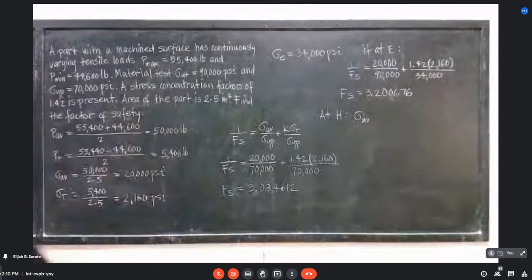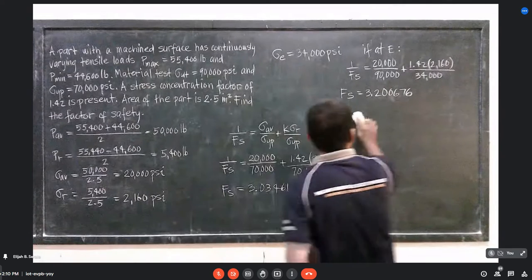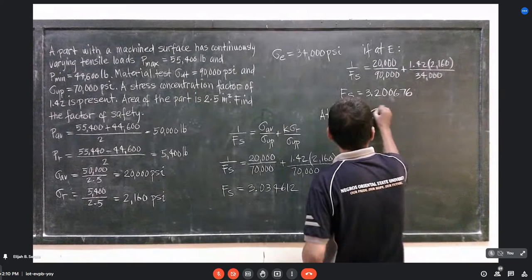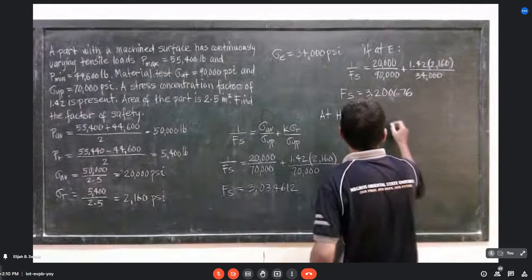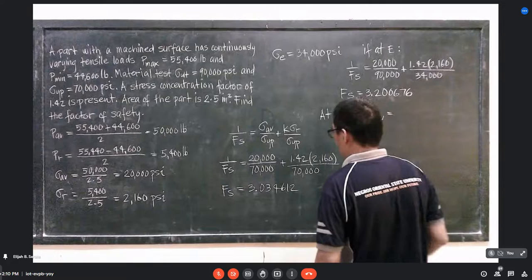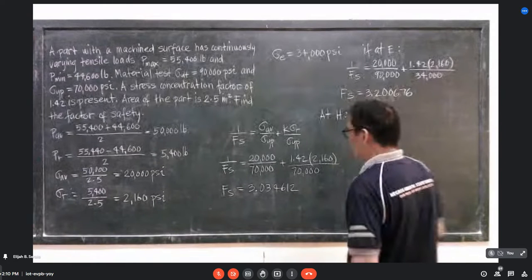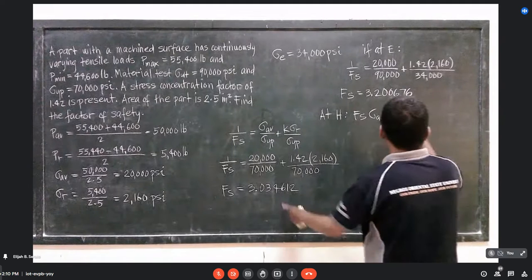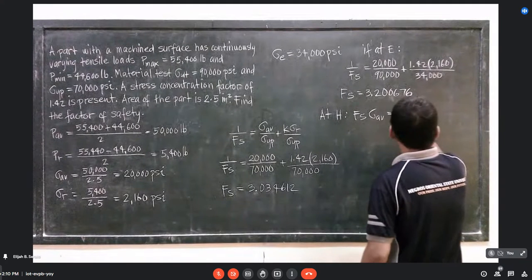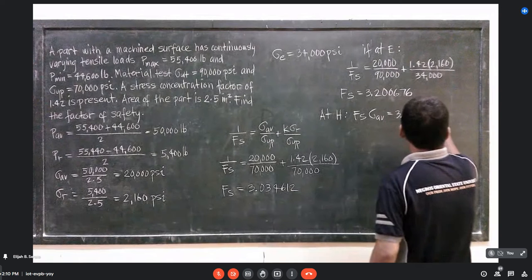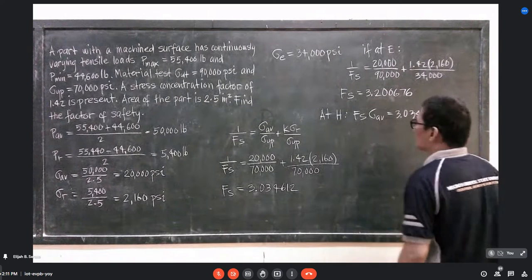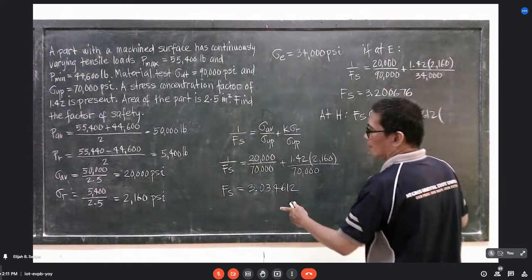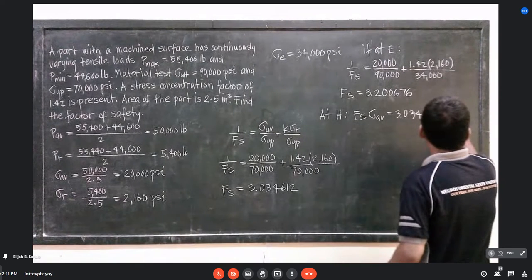The average is equal to how much? I will write it: 3.034612 times the average. We're talking about this problem, 20,000? Yes, sir.